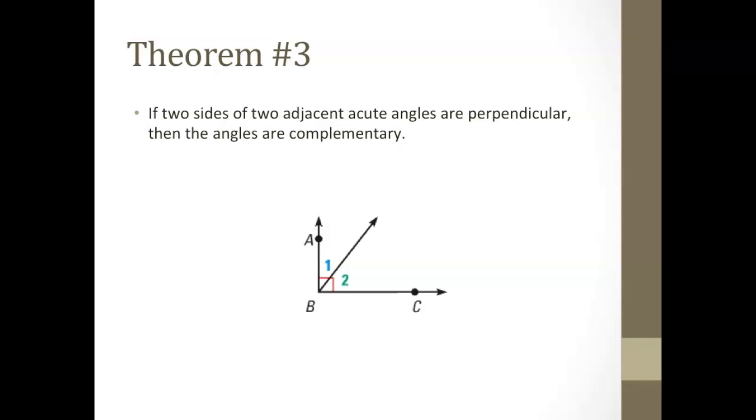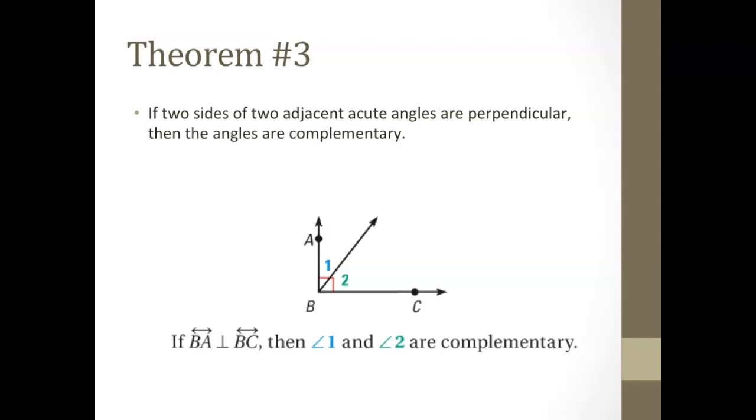And it says if two sides, so the sides not common to the angles, if those two sides are perpendicular, then the angles are complementary. Well, if they're perpendicular, that means they form a 90-degree angle. And so if those two adjacent angles are next to each other, they form that 90-degree angle, then that means they must be complementary. So here in this case, we would say if BA is perpendicular to BC, then angle 1 and angle 2 are complementary.